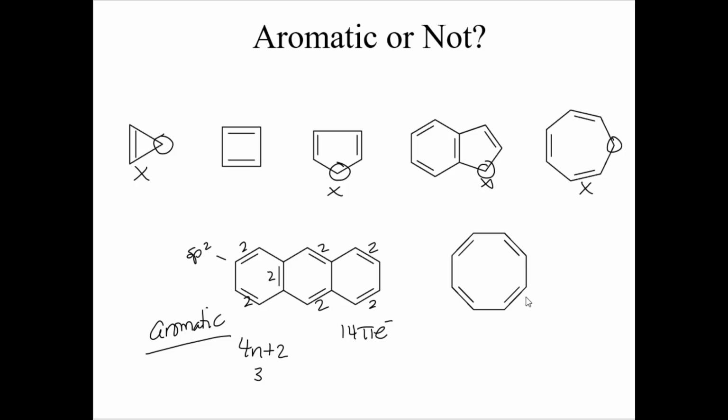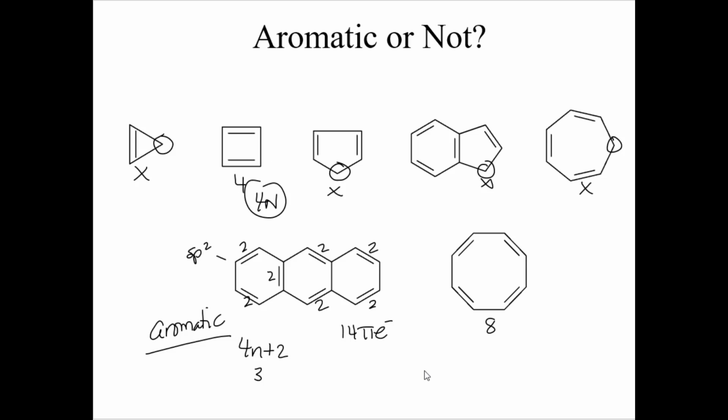Now, these all have sp2 hybridized atoms in their rings. So check on criteria number 1. How many total pi electrons do we have here? We've got 4. How many do we have here? 8. Well, those are not 4n plus 2. Those are 4n numbers of electrons.